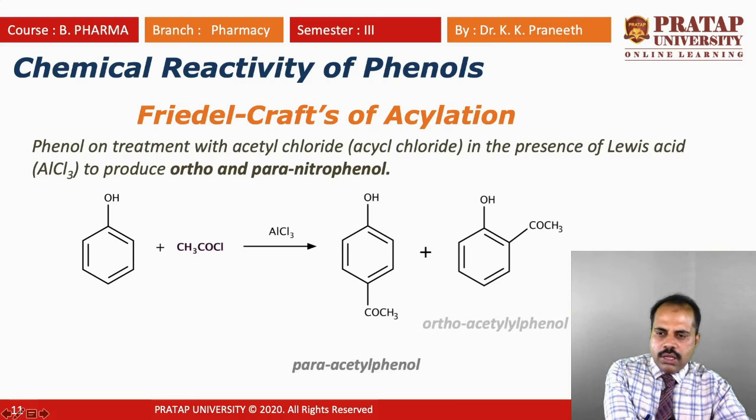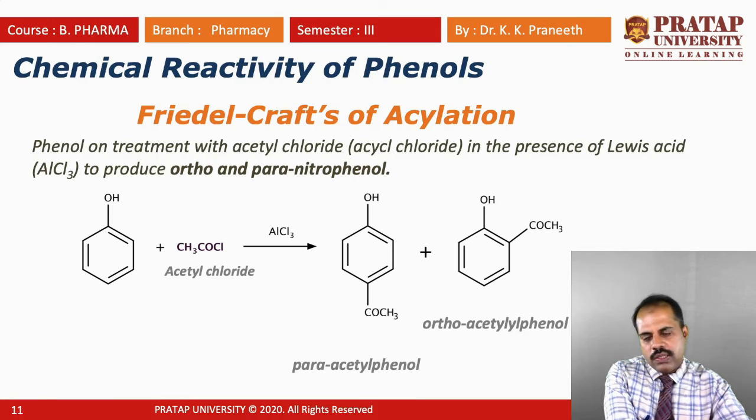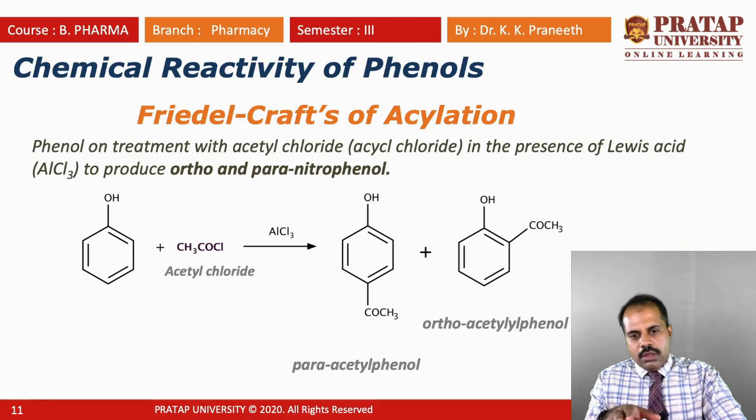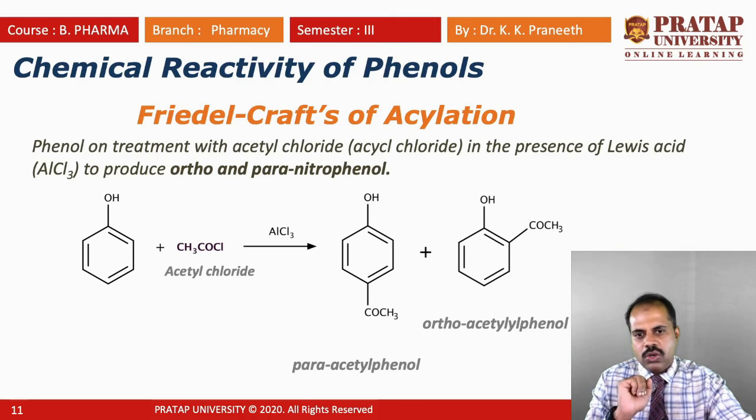with phenol, and we will get two products. The products are ortho-acylphenol. In this case it is called acetylphenol because it's a CH3 group. The general name is acylphenol. And para-acetylphenol or para-acylphenol we will get. So there are two products in this case also.